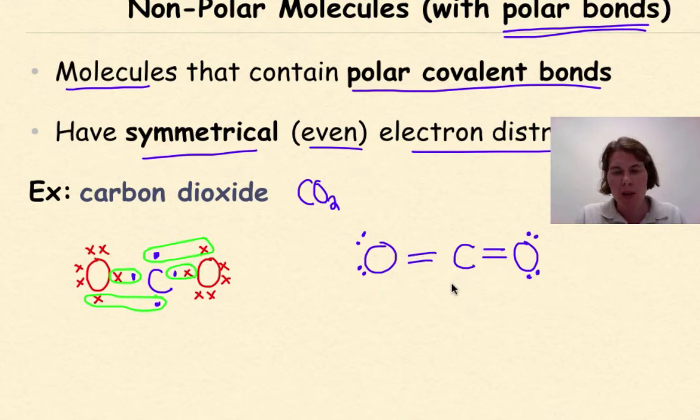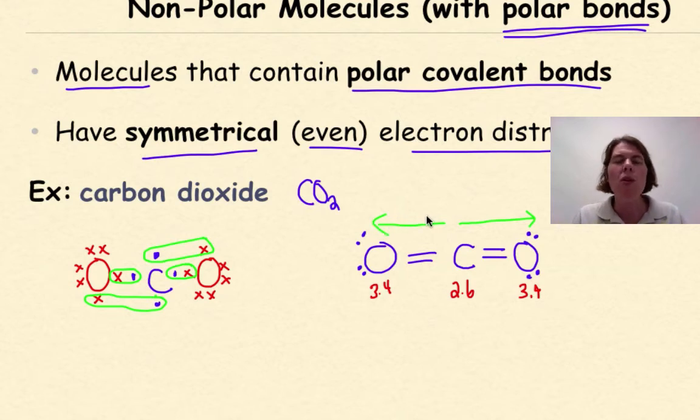Carbon has an electronegativity of 2.6 and oxygen has an electronegativity of 3.4 and 3.4. If I draw in polarity arrows here, going from the less electronegative to the more electronegative, I have one going in that direction and another one going in this direction.